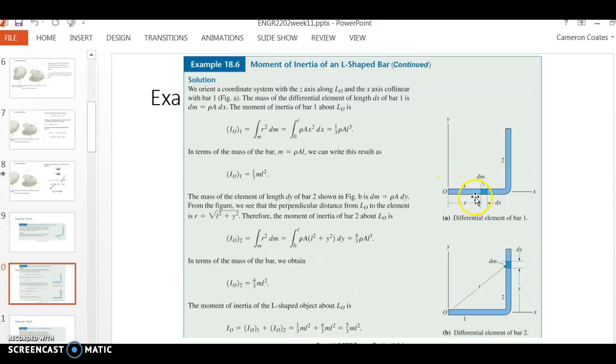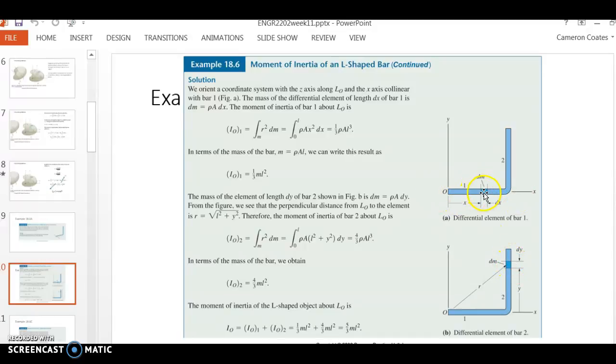I can introduce two elements here because I have two bars. One is horizontal, the other one is vertical. So here I can introduce another element dm, with some elemental length dy, because this one is vertical. And then we can move forward with those basic choices.